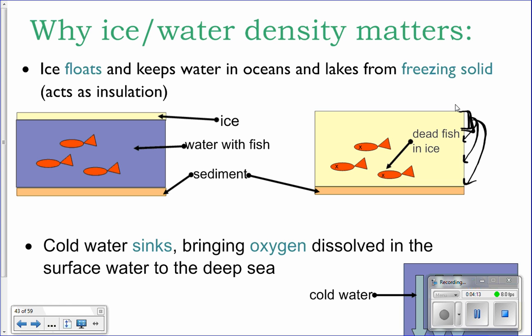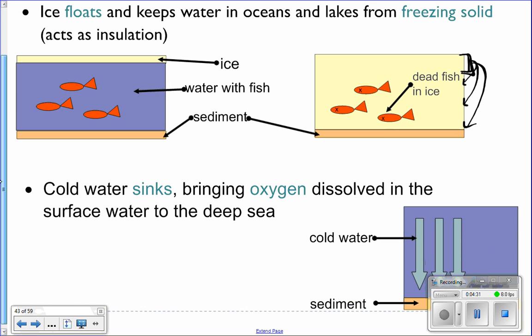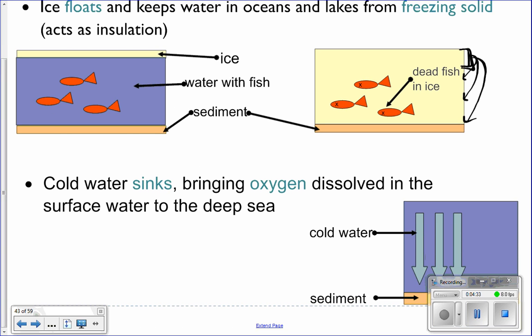So eventually you would get the entire ocean, or the places where it got cold enough, freezing completely through, and the fish that live there would die because they'd be frozen in ice. So the fact that ice floats allows liquid water to remain and for fishies to be happy and to survive the winter in the water that's underneath that ice.